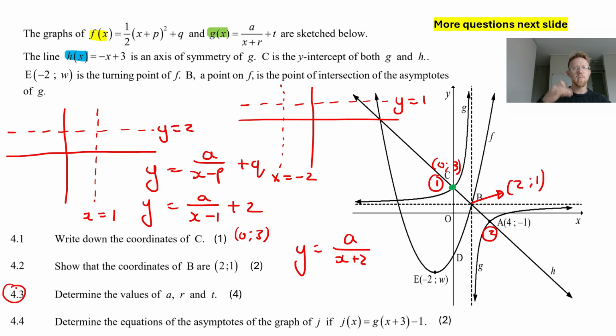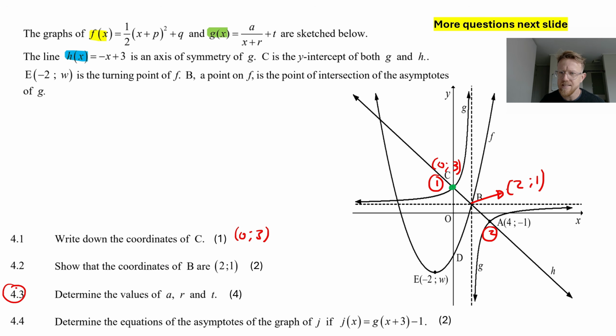Plus means left, minus means right, and then it's moved 1 place up, and so you would say plus 1. So the horizontal asymptote, which is this one, that is easy. If it's up, you say plus. If it's down, you say minus. But the vertical asymptote, the one that moves left and right, that's the opposite. If it's gone left, you say plus. If it's gone right, you say minus.